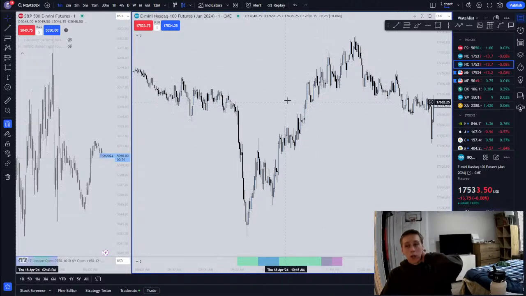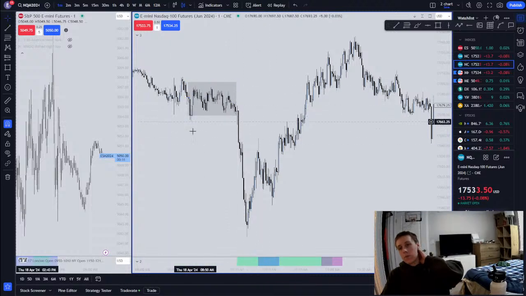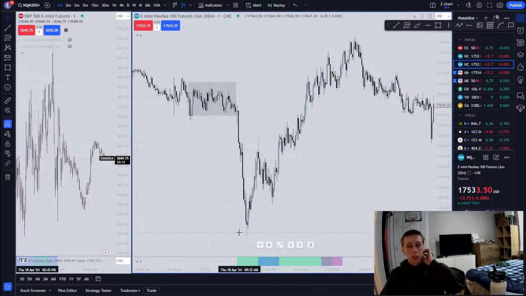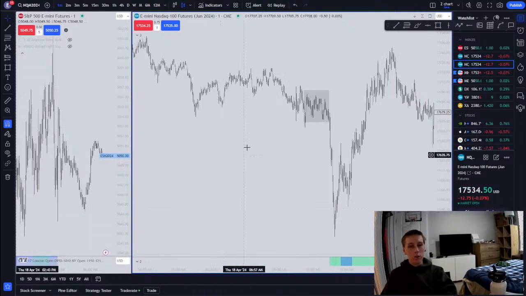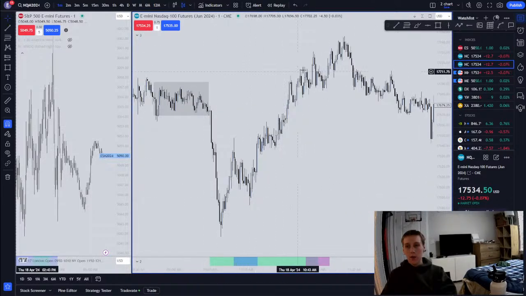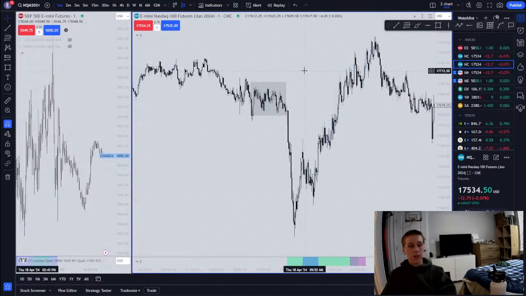Every single day, there will likely be something like this where we have an original consolidation, to then trade away from it to a higher time frame key level, such as a fair value gap, such as an imbalance, such as a low, to then have a smart money reversal, which is confirmed by the SMT, to then get bought up straight up, and that's exactly what happened.